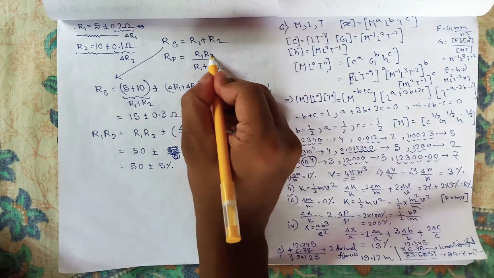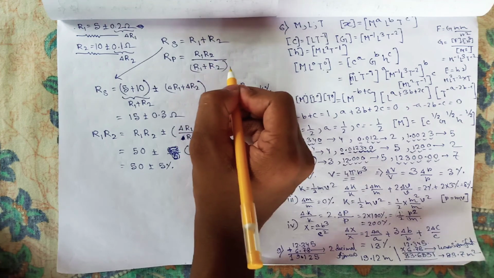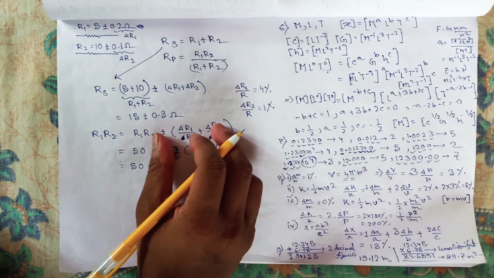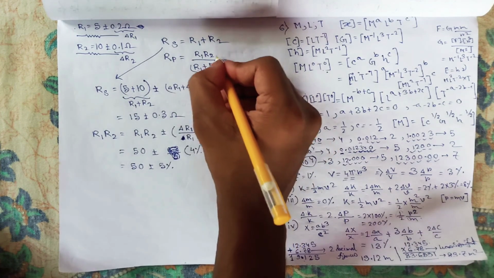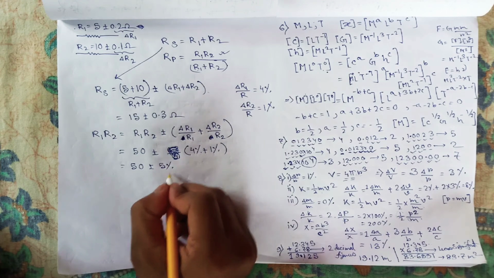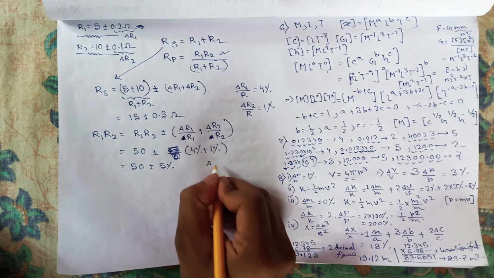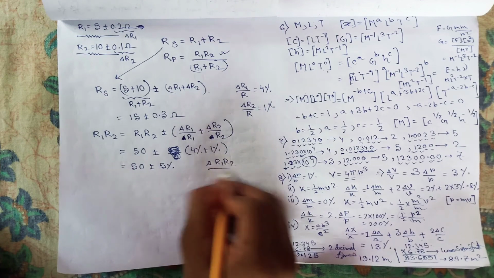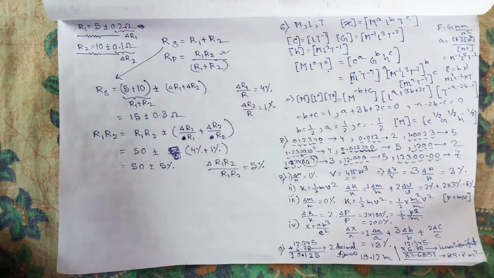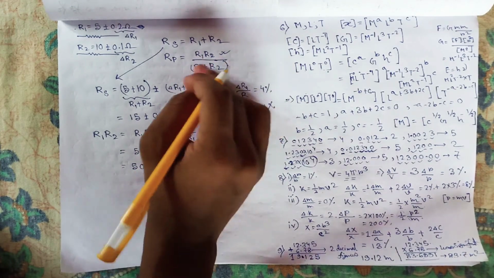Now R1 R2 and R1 plus R2 are in divided form. In case of multiplication and division, we know the relative errors are summed up. We already know the relative error of R1 R2, which is 5%. Now we have to find the relative error of R1 plus R2.